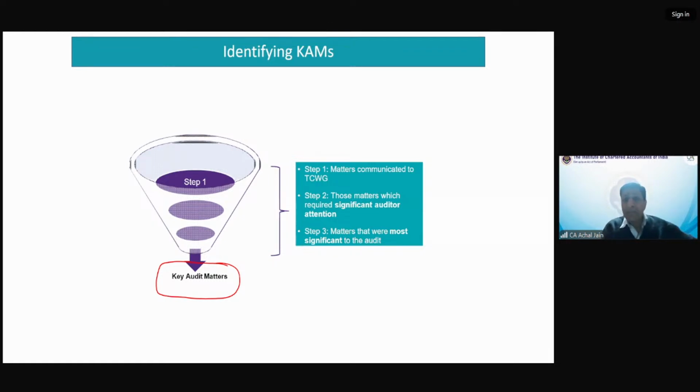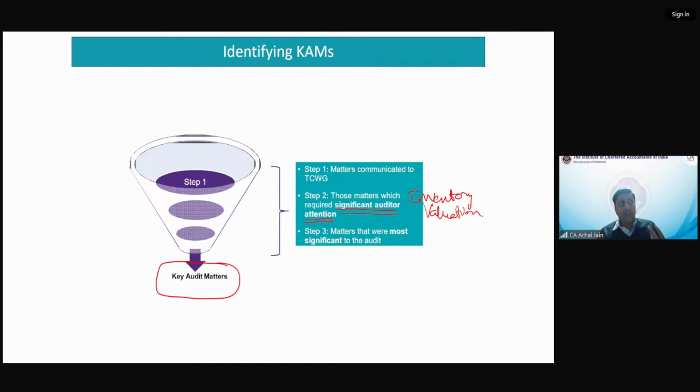Those matters could be the ones which required significant auditor attention. Now, what do you mean by this? Say, for example, during the year, inventory valuation was one area over which significant time of the audit team was spent.